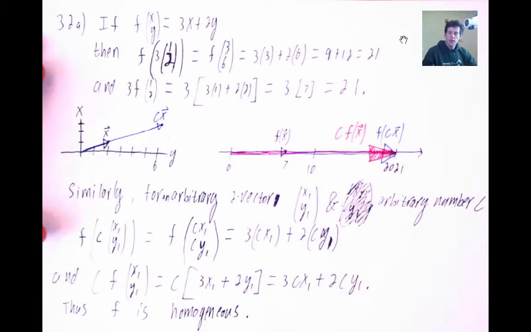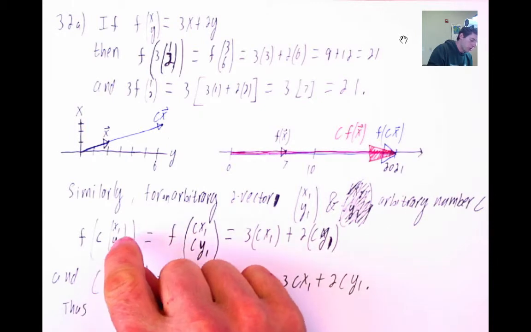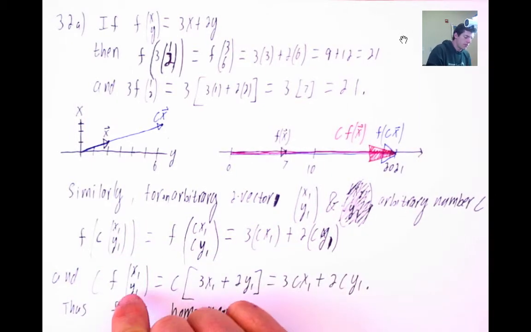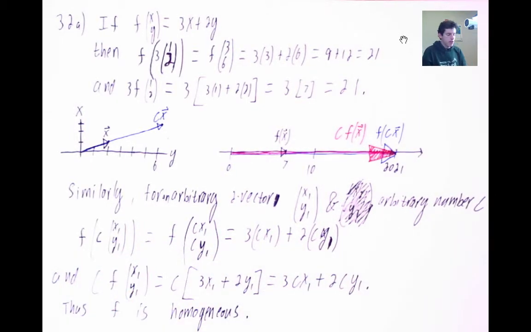When you're new to this kind of writing, you have the desire often to say things like, since for an arbitrary vector (x1, y1), and for an arbitrary number c, f of c times (x1, y1) is equal to c times f of (x1, y1). I mean, why would you add that additional thing down here? It seems kind of redundant.